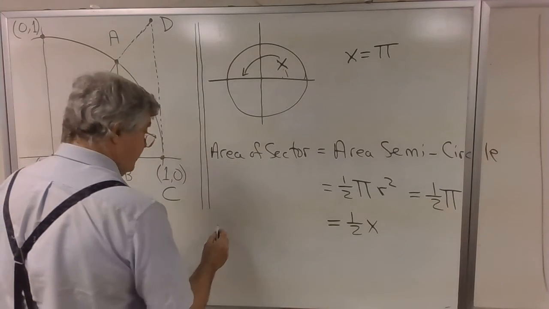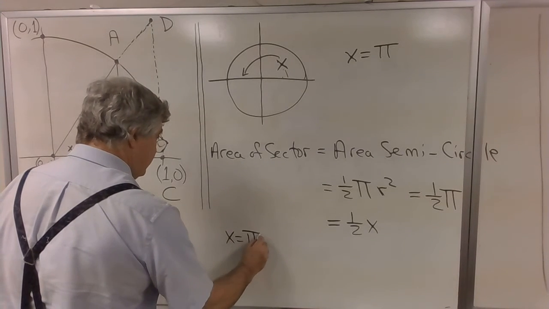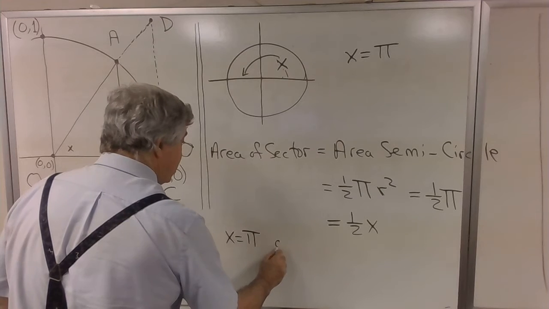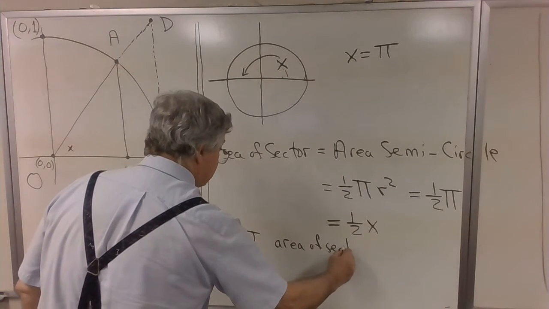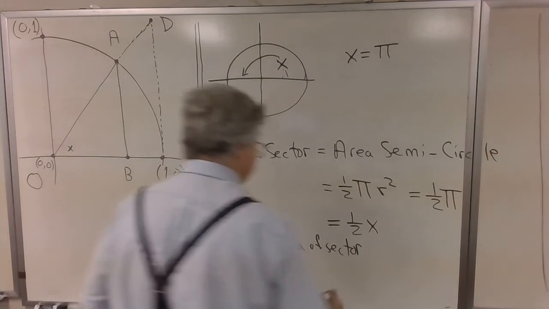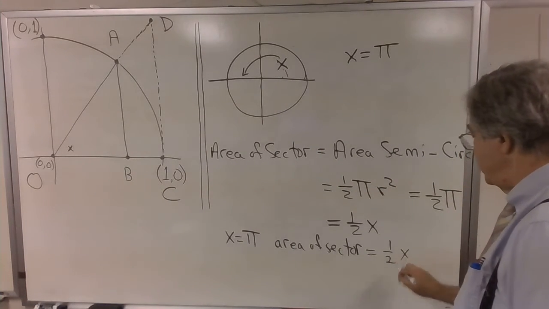So, x equals pi, area of the sector equals 1/2 x.